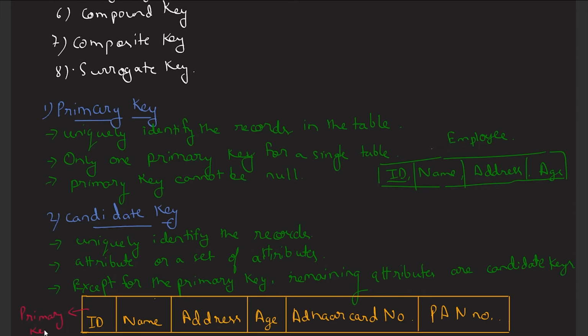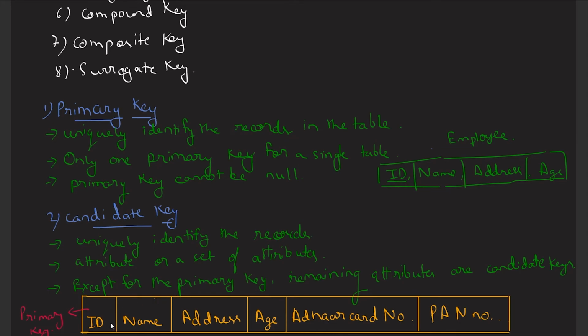Now if you see, name, address and age can be repeated for different employees, but Aadhaar card number and PAN number are also unique for the employees.